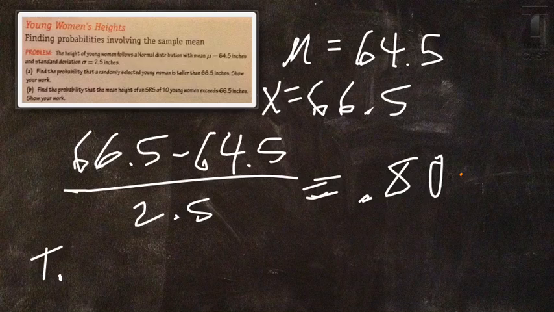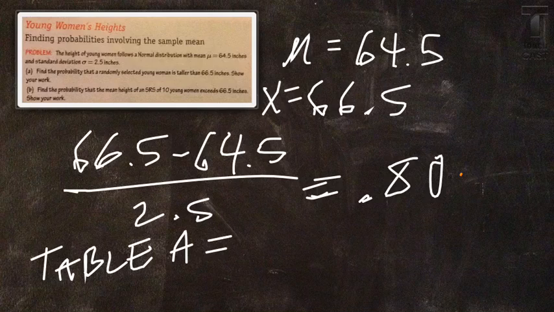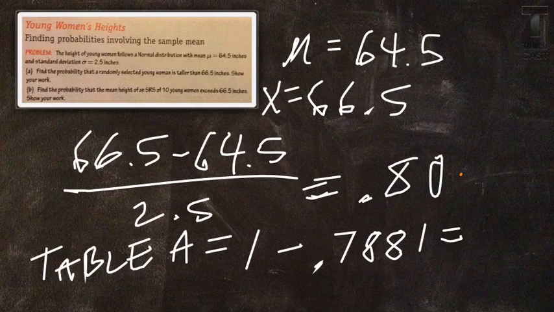When we go to table A, that's going to tell us less than, so actually we need 1 minus the value from table A. The value from table A was 0.7881. So when we do 1 minus that, so we can have the greater than side, we get that probability to be 0.2119.